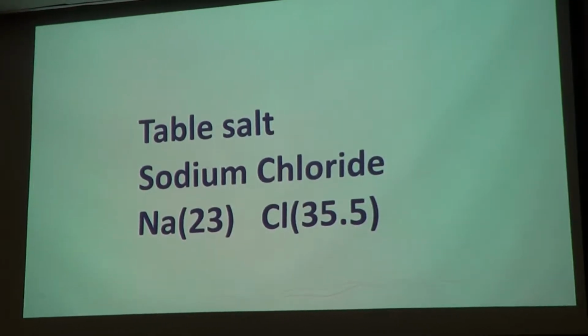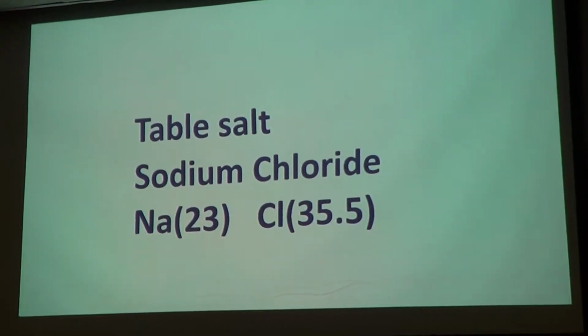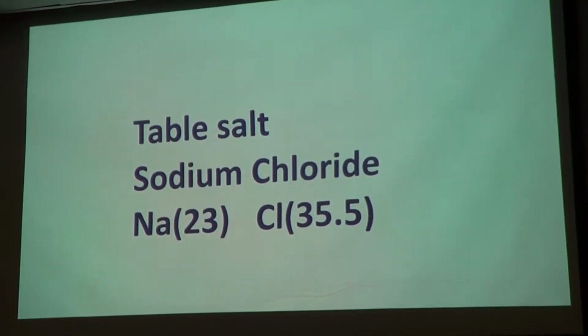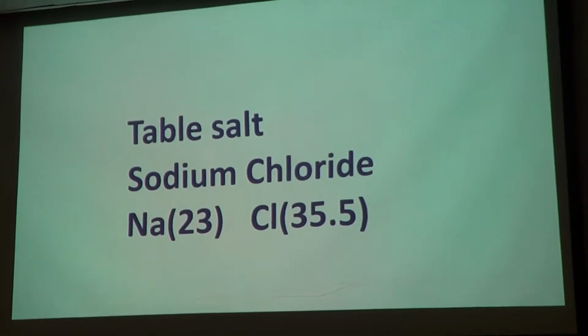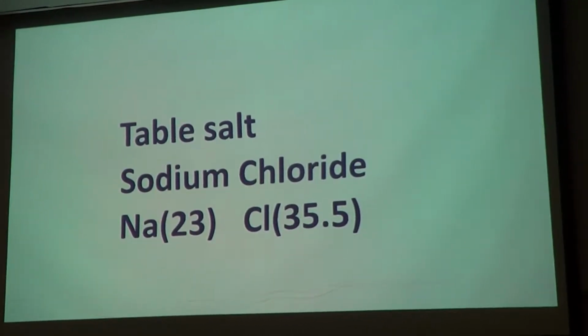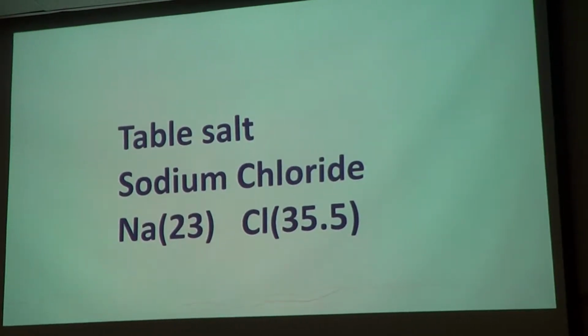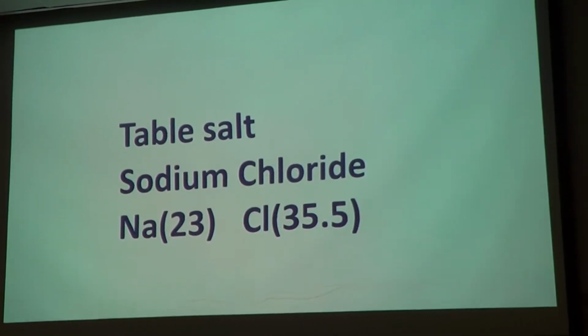So the total weight is 58.5. Now why I'm mentioning this is very relevant. You can figure it out yourself. Of the total sodium chloride, how much is sodium? About 40%.